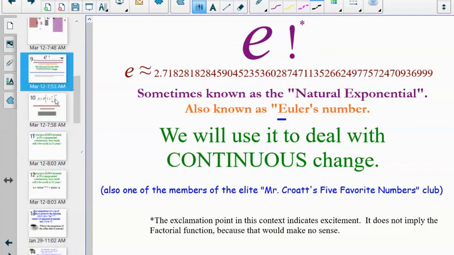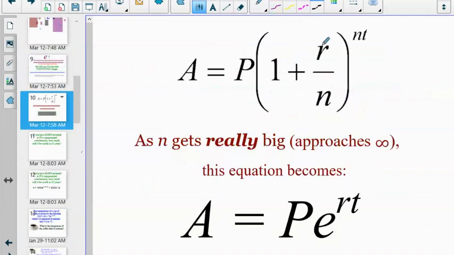Now, what that means for us is that this complicated formula that you used for your homework that was due today actually becomes simpler. If we say we're compounding continuously instead of once, quarterly, monthly, it cleans up and looks like this. It's just the same principal times e to the interest rate times t.